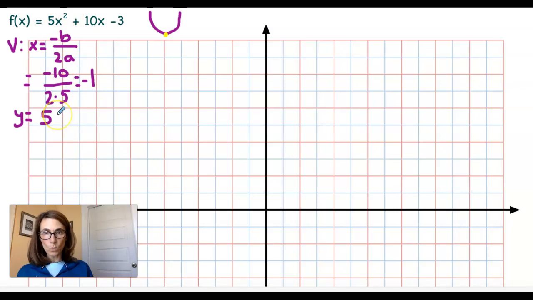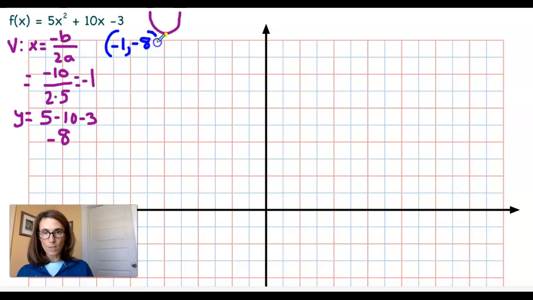So 5 times 1 is 5, plus 10 times negative 1, so that's minus 10, and then minus 3. So 5 minus 10 is negative 5, and negative 5 minus 3 is negative 8. So our vertex is the point negative 1, comma, negative 8.